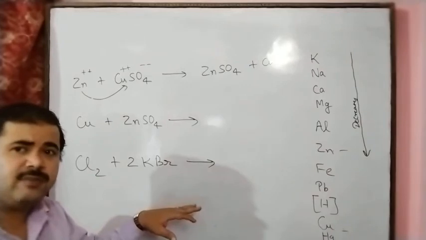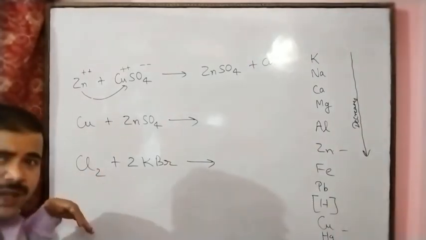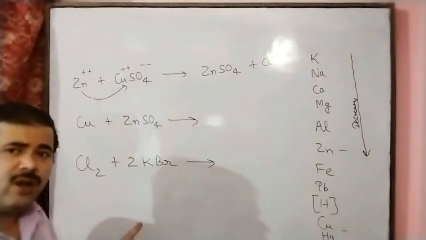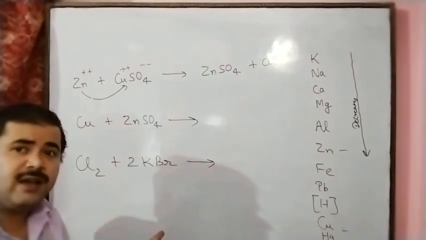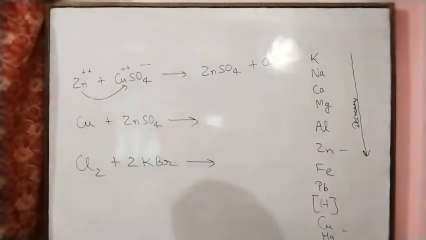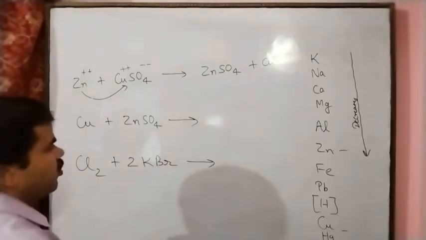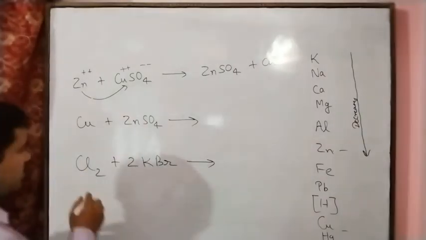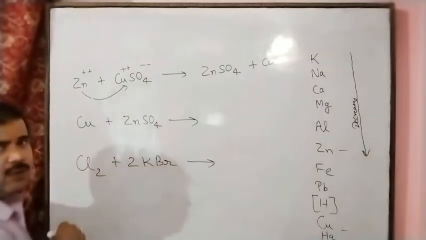We can say a more electronegative non-metal displaces a less electronegative non-metal. So chlorine displaces bromine because chlorine's reactivity is more than bromine's.